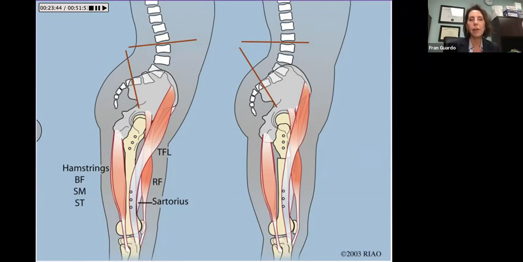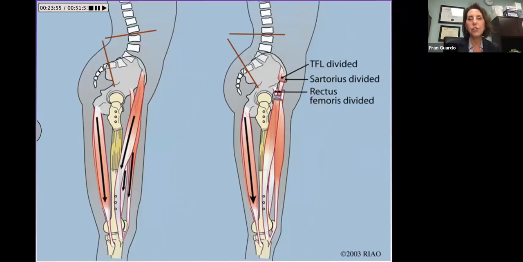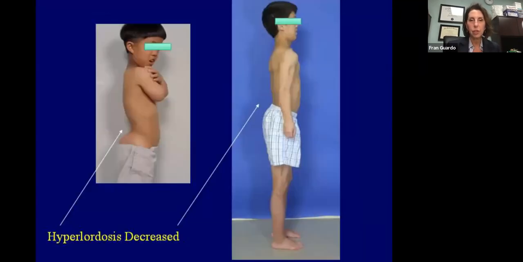And then they also have the option of doing a release of the tensor fasciae lata. The sartorius and the rectus femoris can also bring the pelvis into better alignment and help to reduce the hyperlordosis. So you can see this patient before and after.